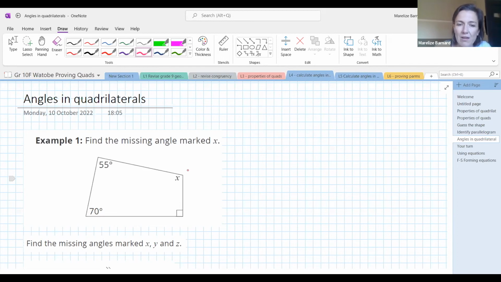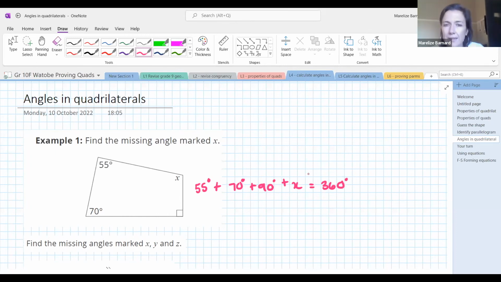So if we want to calculate x, we're going to say 55 plus 70 plus 90 plus x is 360. And some of you have solved it in the chat already. Thank you, Sile and Melly and everyone else who have solved it, Bufle, and we get x is 145.